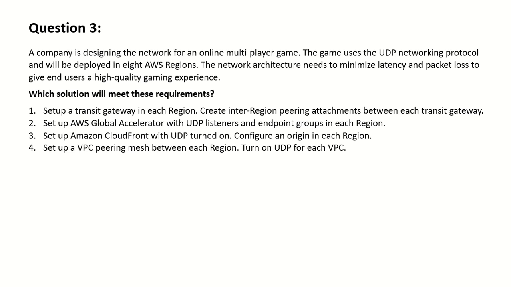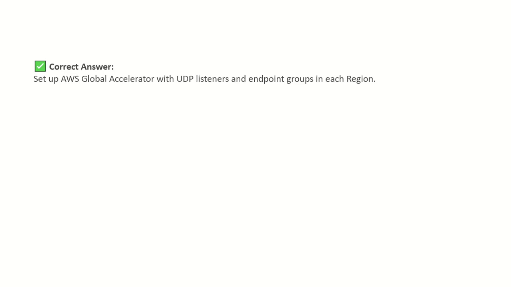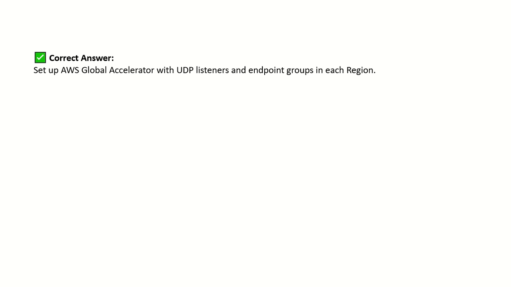Option 4, set up a VPC peering mesh between each region, turn on UDP for each VPC. So the correct answer is set up AWS Global Accelerator with UDP listeners and endpoint groups in each region.